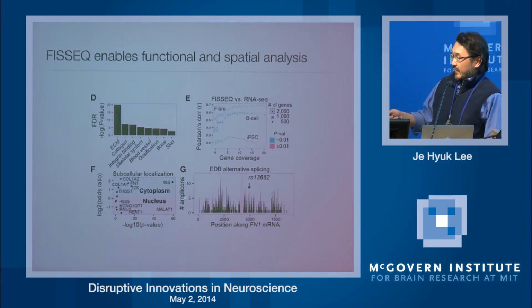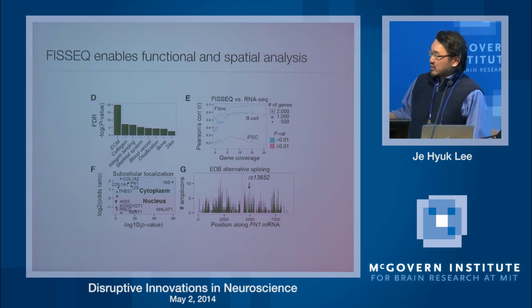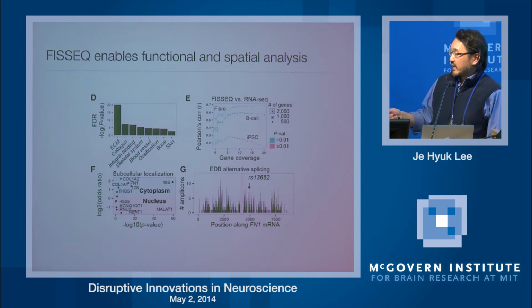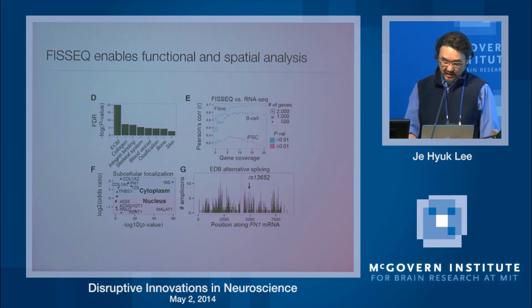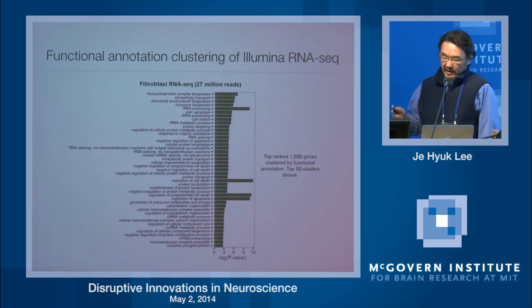For these, the mRNA and mitochondrial ribosomal RNA are in the cytoplasm, and non-coding RNA and other types of small RNA molecules, such as MALAT1 and NEAT1, are in the nucleus. For very abundant genes with a lot of reads, with 1.x5 coverage, we can actually detect physiologically relevant transcript splicing events.